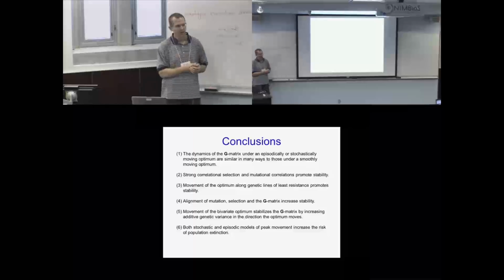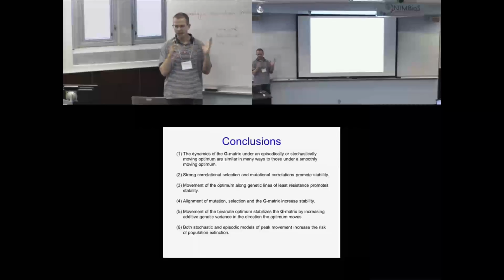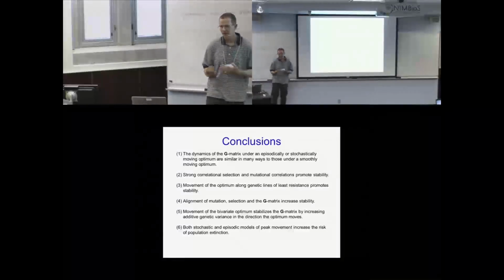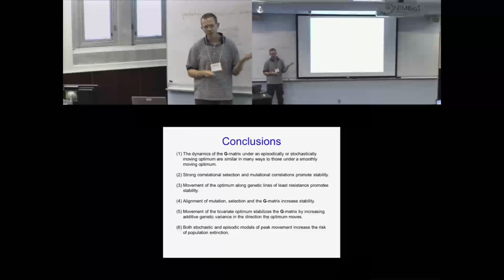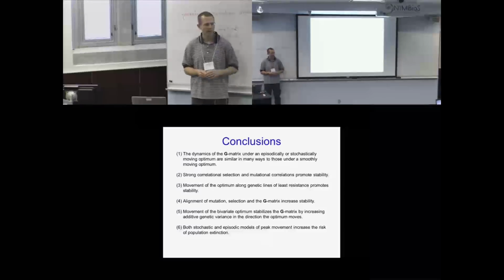When I say it's unstable, I'm not saying the direction of the response to selection is going to be unstable. I'm just saying that you have a less eccentric G matrix, which doesn't really provide any evolutionary constraints. So maybe we should have focused on something like the eccentricity more, instead of the angle. But the bottom line is that it doesn't really matter because those are kind of the same thing. When we embarked on this, we didn't know what to look at. So, all right. Are there any more questions about that?